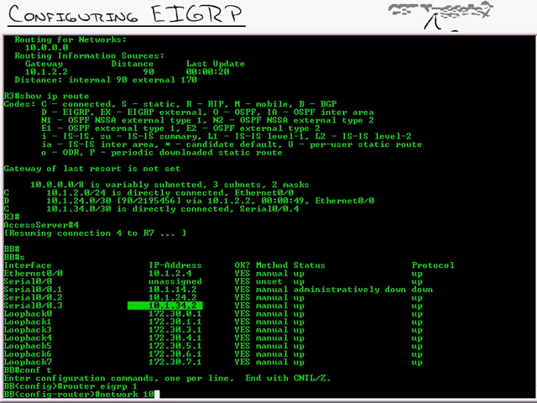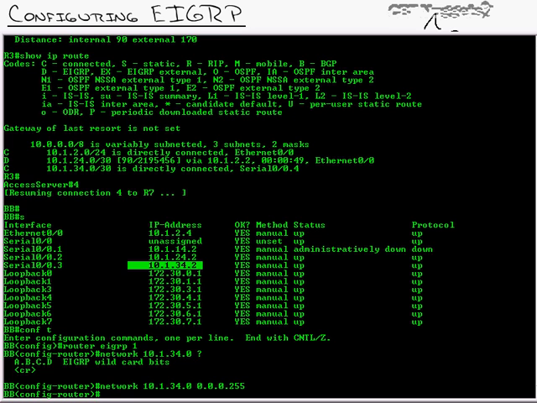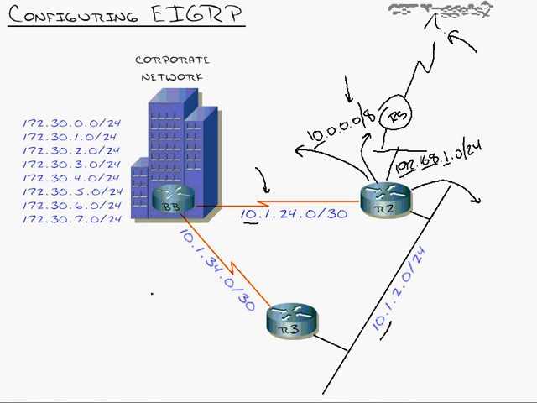I can type in network 10.1.34. Now there's many ways to do it, but right now I'm just going to type in .0 followed by a question mark, and you can see right there EIGRP wildcard bits. 0.0.0.255. Enter.